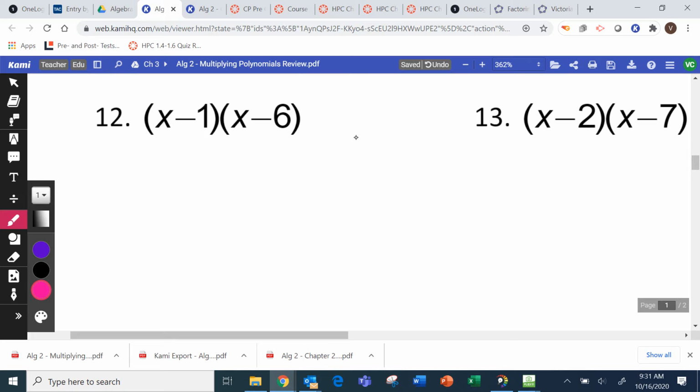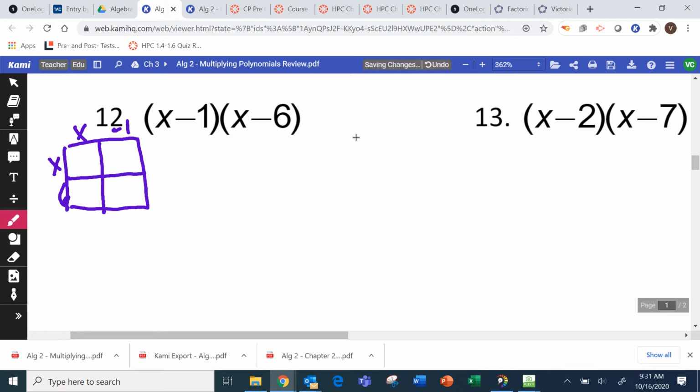So for this one, if we're going to do the box method or the FOIL method, either is fine. I'm going to have x minus 1, x minus 6, and x times x is x squared. X times minus 1 is minus x. X times minus 6 is minus 6x.